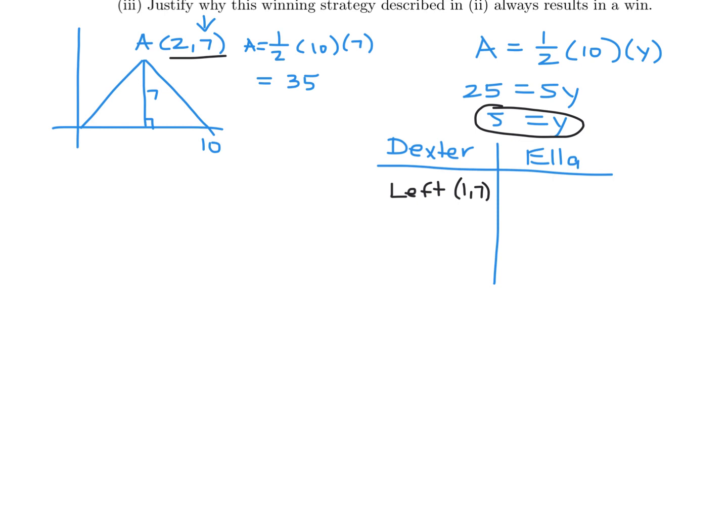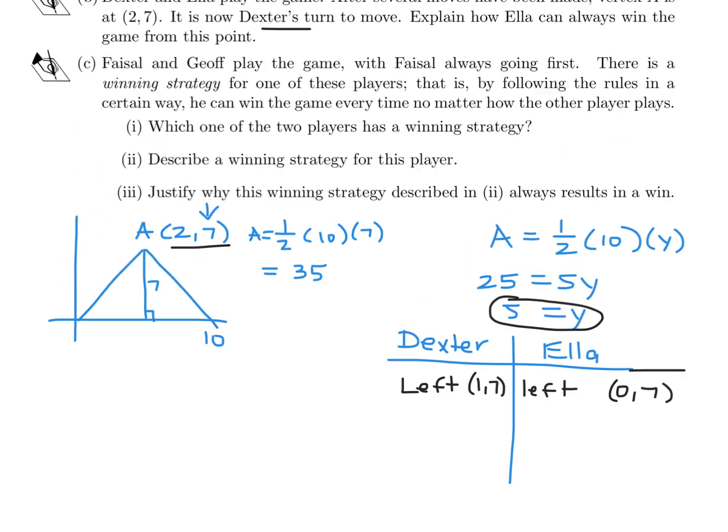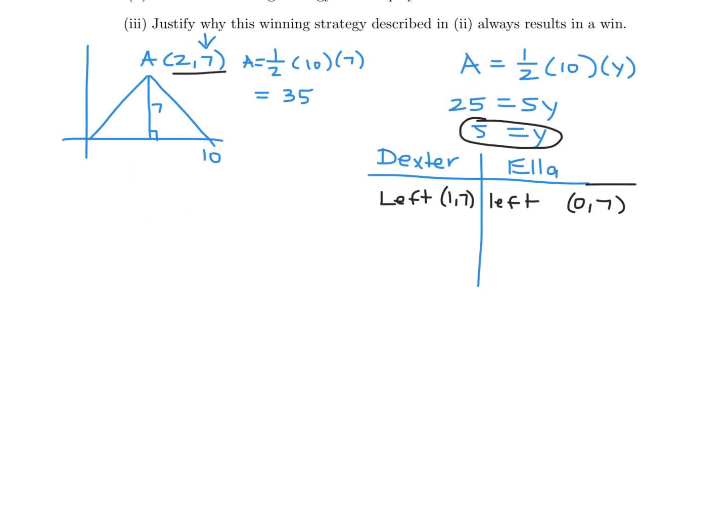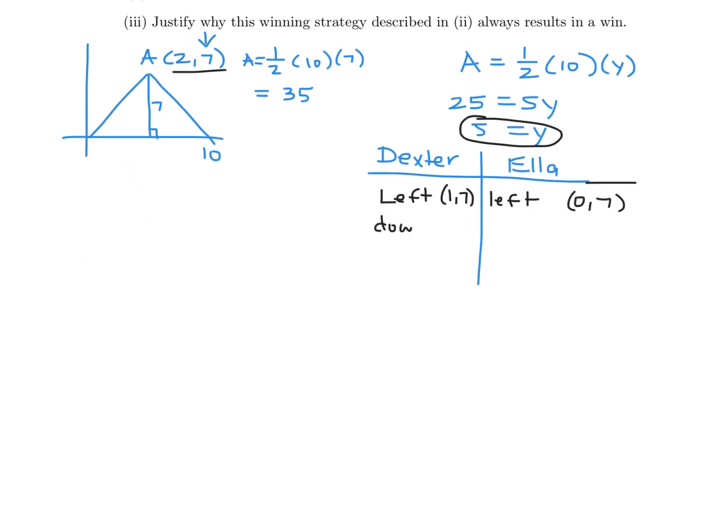And if she goes left again, then this will go to 0, 7, correct? And then Dexter can't go left because remember, the x and y coordinates cannot be made negative, as it says in the question. So he has no choice but to go down. So if he goes down, this goes down to 0, 6. And then she just goes one spot down as well, and that goes down to 0, 5. And then once the y coordinate is 5, the area will be 25.